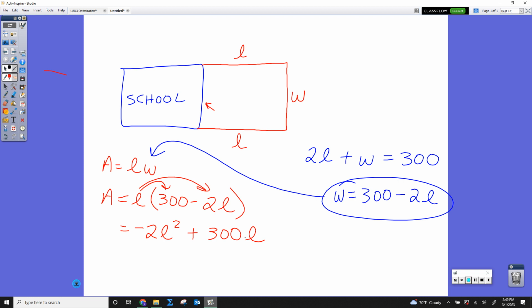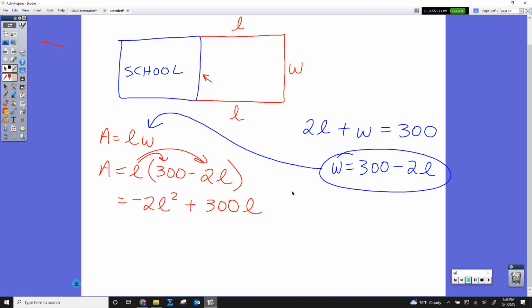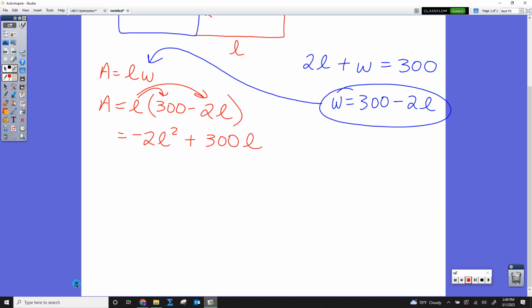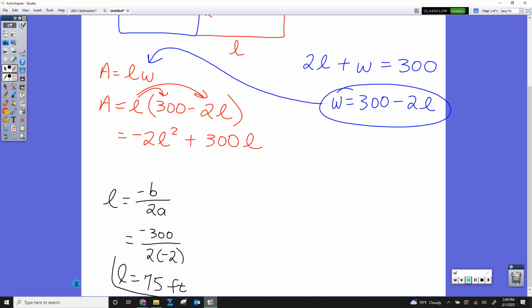So we would then say, let's find the x-coordinate of our vertex, which in this case is our L. So we would say that L would be negative B over 2 times A. So it would be negative 300 over 2 times negative 2, which would be 75, and our units, no problem, were feet, so it would be 75 feet. So there's our first dimension that we're solving for.